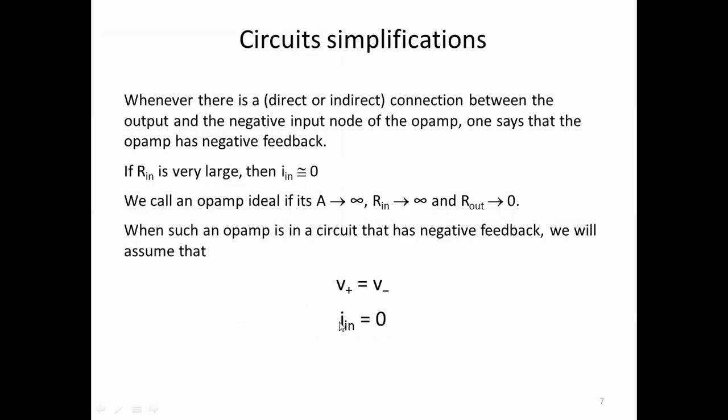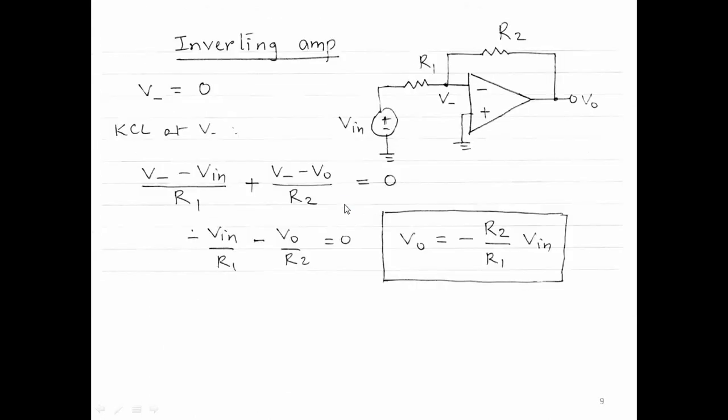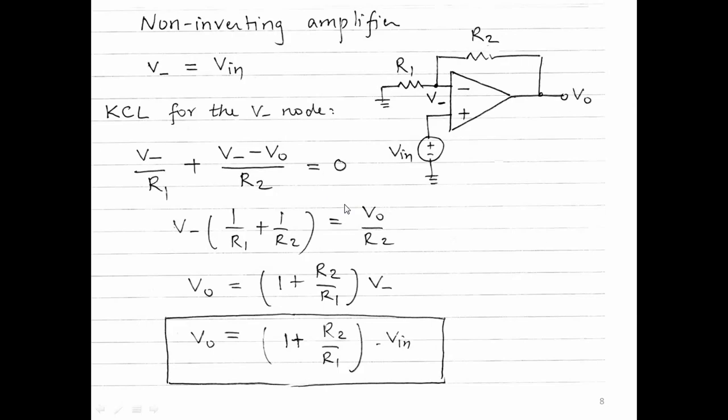With these assumptions, solving op-amp circuits becomes very simple, much simpler than it is possible without these assumptions. So let's look at that circuit again. This is the same circuit I have drawn again.